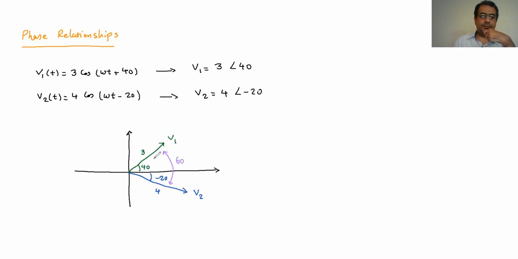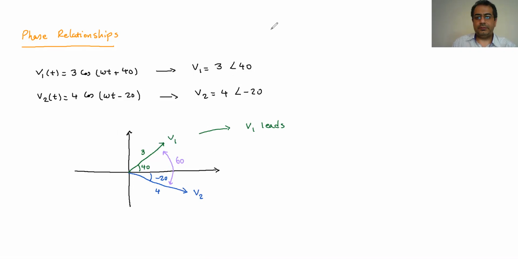Now look at them and consider them counterclockwise. When the one that is counterclockwise is ahead of the other one, we call it leading. So here we will say that V1 leads in the format of counterclockwise.